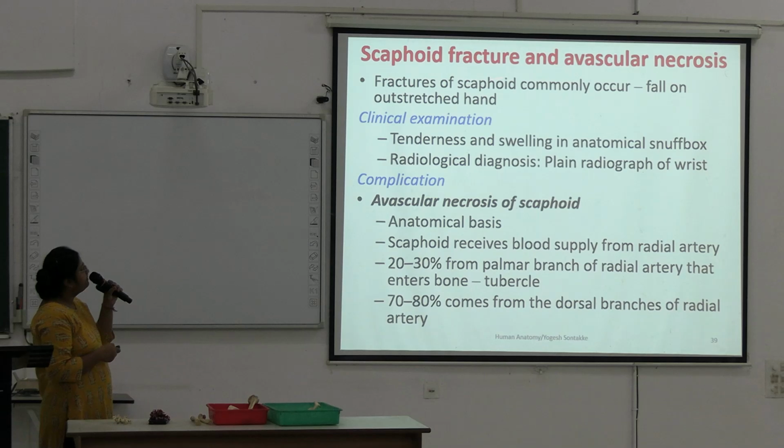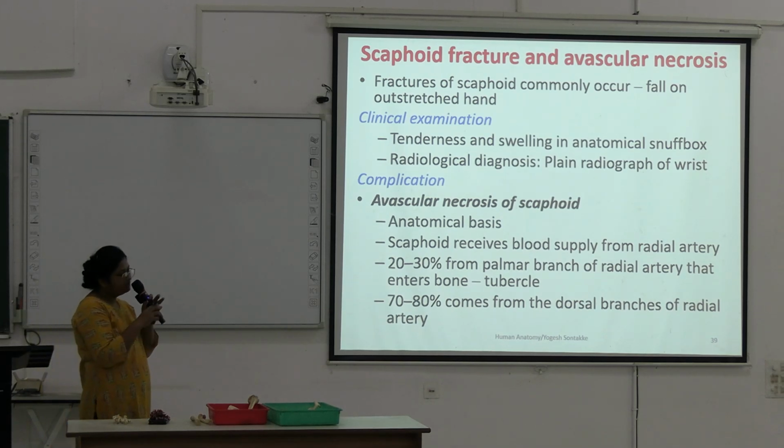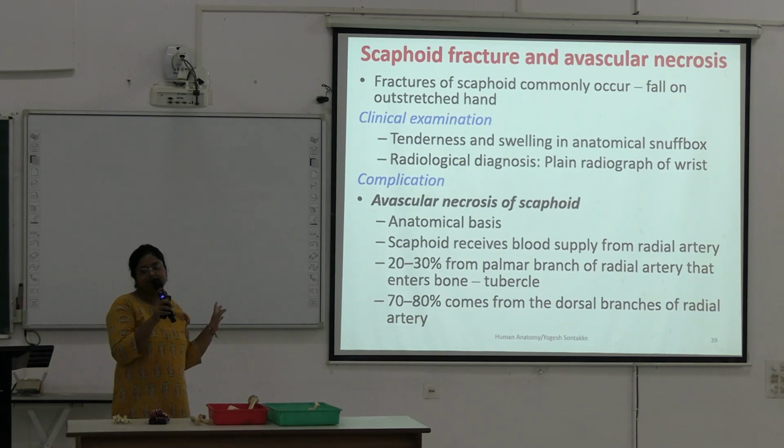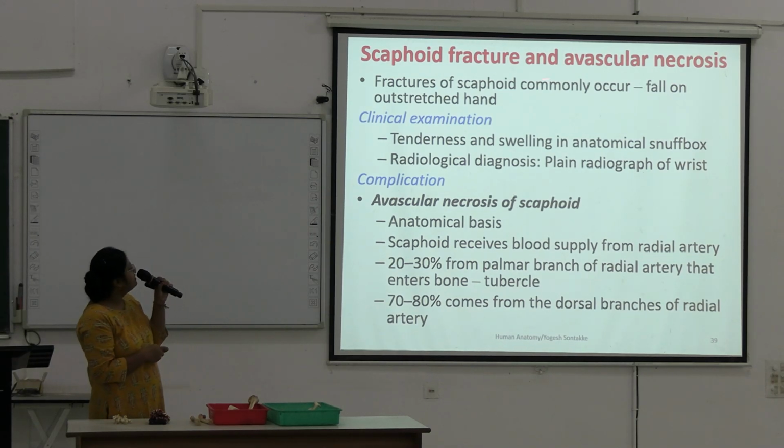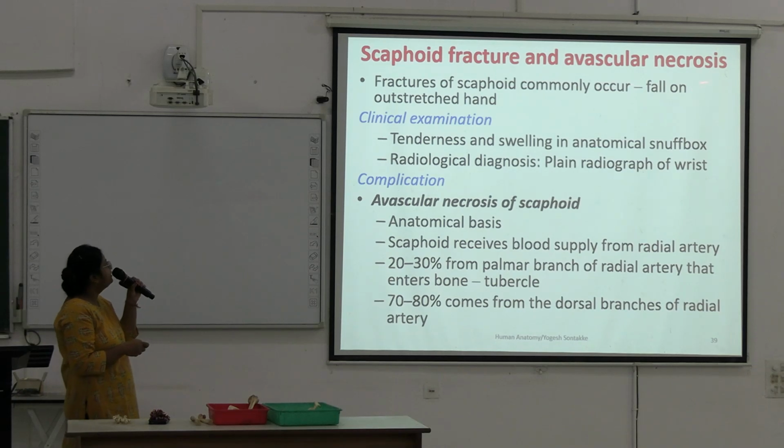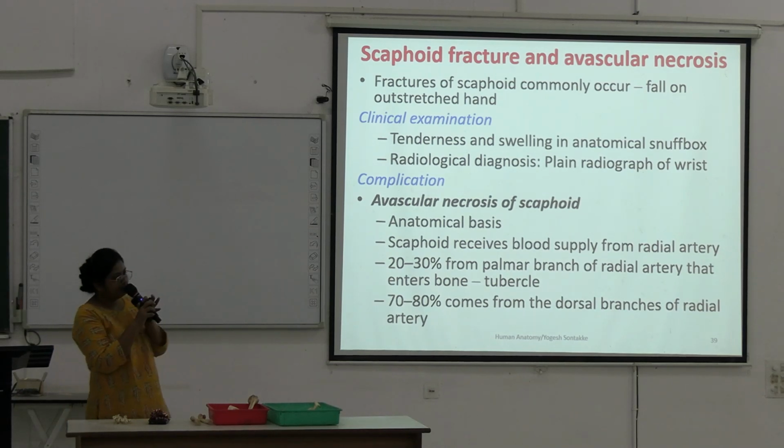Okay, so scaphoid fracture and avascular necrosis, this comes as an explain-why question, okay. And ossification of the carpal bones is also important for the clinical aspect and for your theory. Fracture of the scaphoid commonly occurs due to a fall on an outstretched hand.